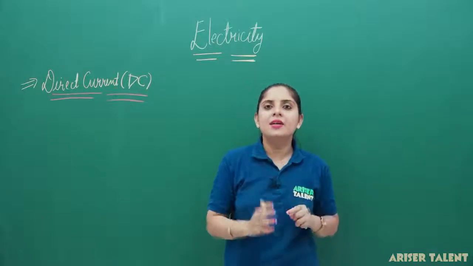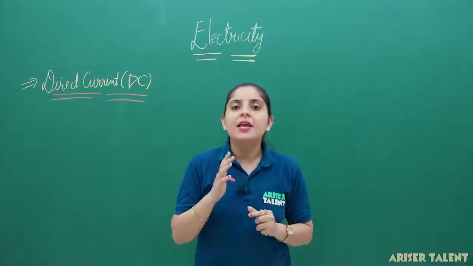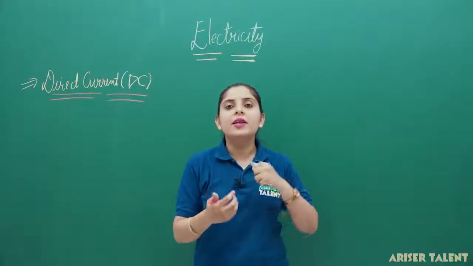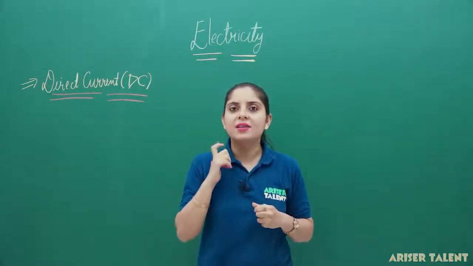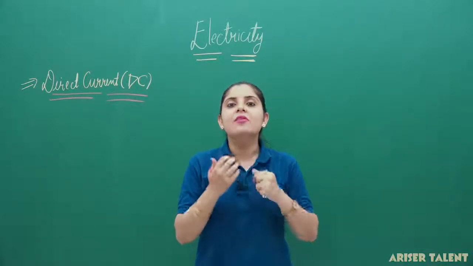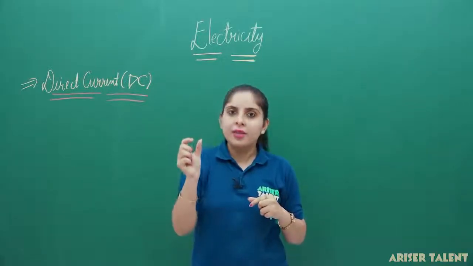It means the current which does not change with time is known as the direct current, and the current which is going to change after each and every cycle is known as the alternating current. As the name indicates, alternating, it means its cycle will repeat itself after a fixed period of time.